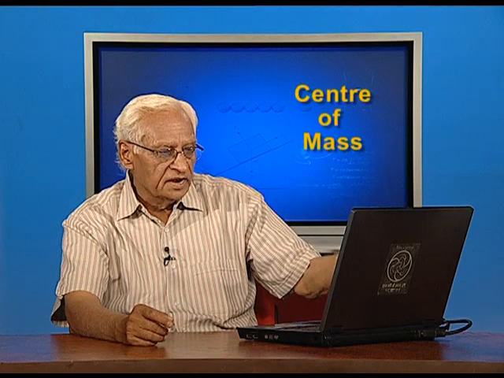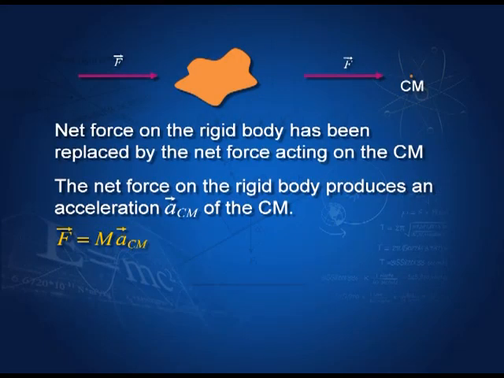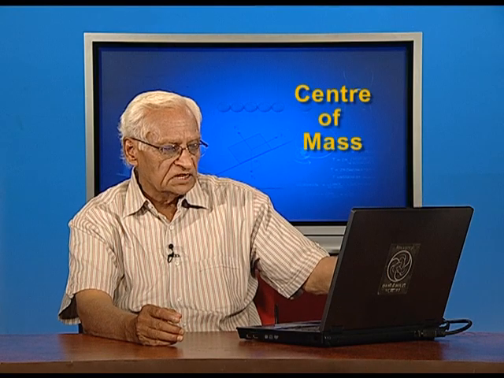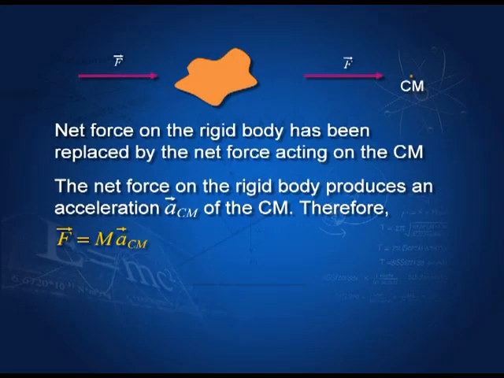So, let us take now a rigid body, and suppose a force F produces an acceleration a_cm in the center of mass of that rigid body. Then this force can be written as the mass of the rigid body times the acceleration of the center of mass.